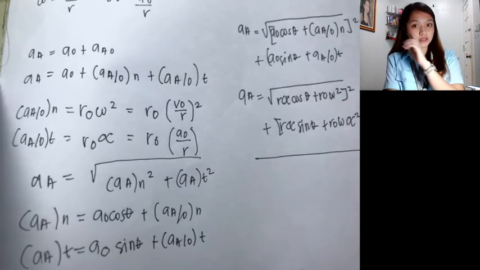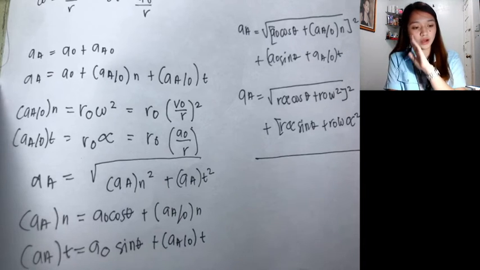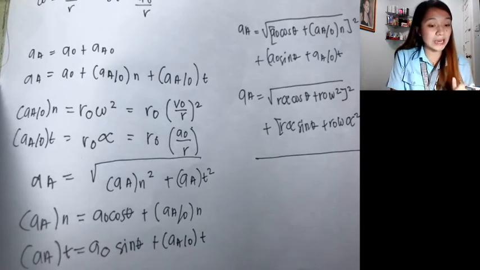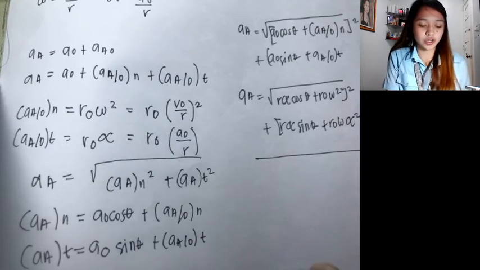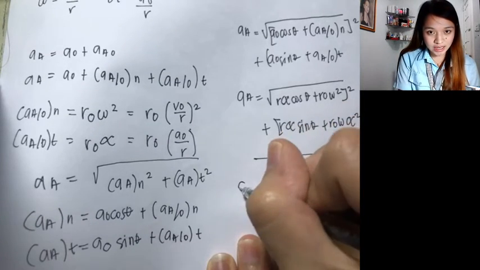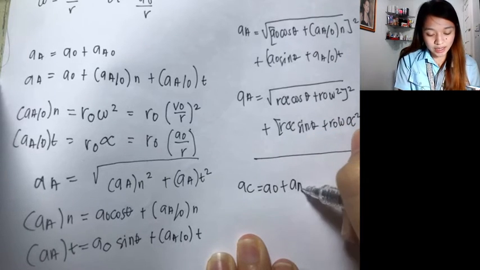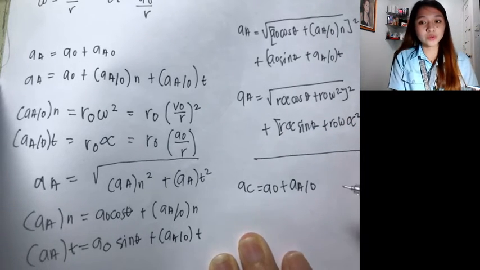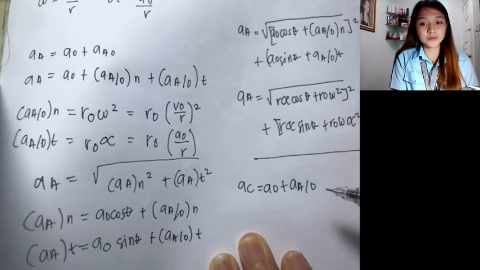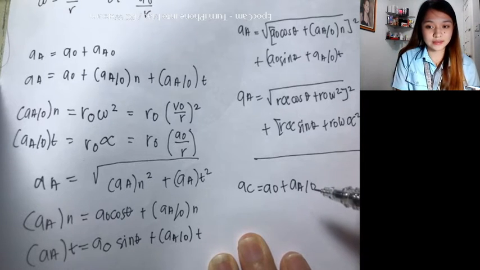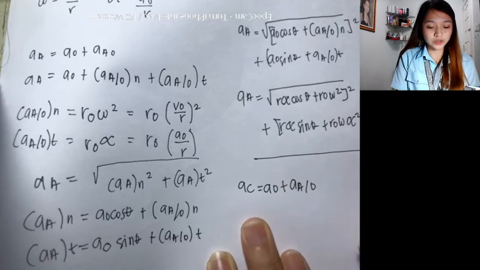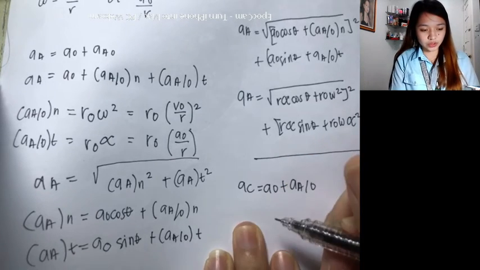But that is not the end. So the terms, considering a point on the wheel, you can get an expression, which is AC equals AO plus A to O. So the terms will be added. So from here, A to O, the terms will be added.